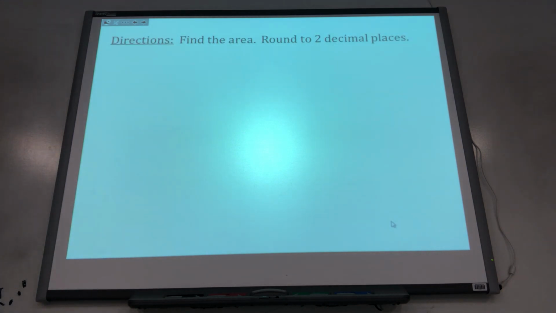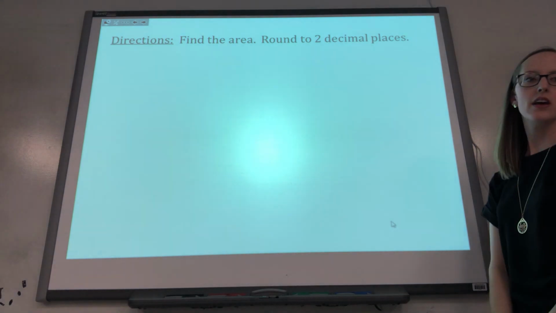Okie doke. And I think there's just a couple of these. So like I said, kind of a short lesson here for part 2. But the main goal is to find the area. And just like we have been doing, we're going to round to 2 decimal places.